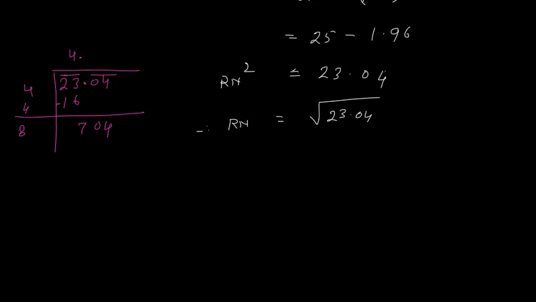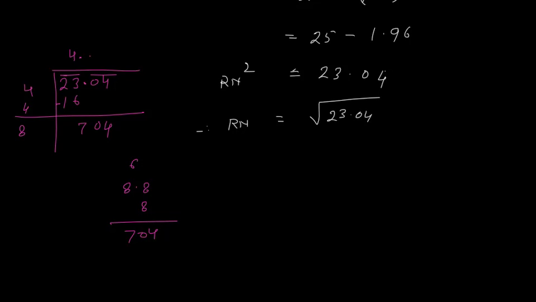So let us try with 8, because there we saw that 8 8 is 64. If I take 2 then it is very small. So let us check with 8: 8 8 is 64, 64 plus 6 is 70. So we are getting 704.